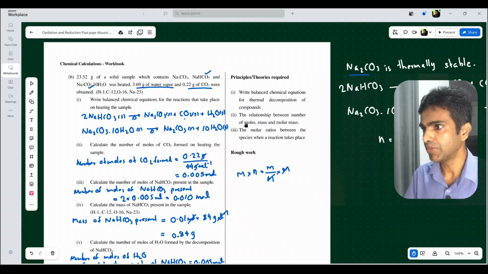If you couldn't remember the principles and theories required, don't write the answer. Check your theory notes and study those principles and theories. Then when you are familiar with them, start writing the answer to that given question.